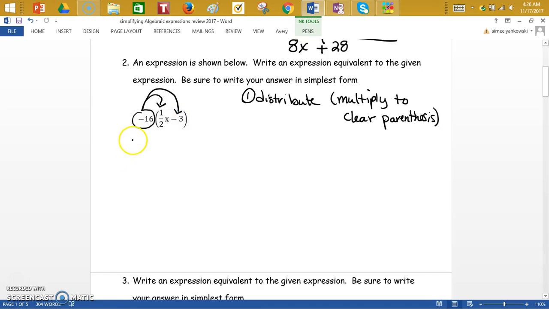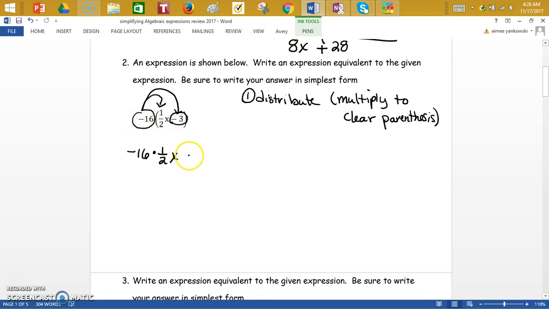And for this one, I'm going to write an intermediate step. You don't have to write this intermediate step, but I'm going to. Negative 16 times 1/2 x. And then I have a minus 3 here.